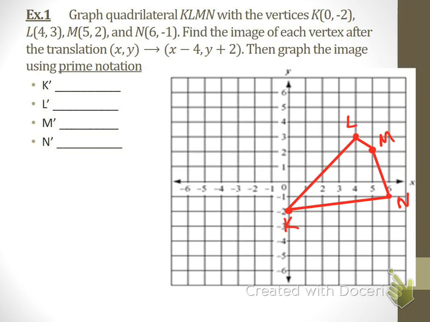Who can give me the coordinates for K prime? Paris? -4, 0. Good. That gives me K prime. So there is my K prime point.